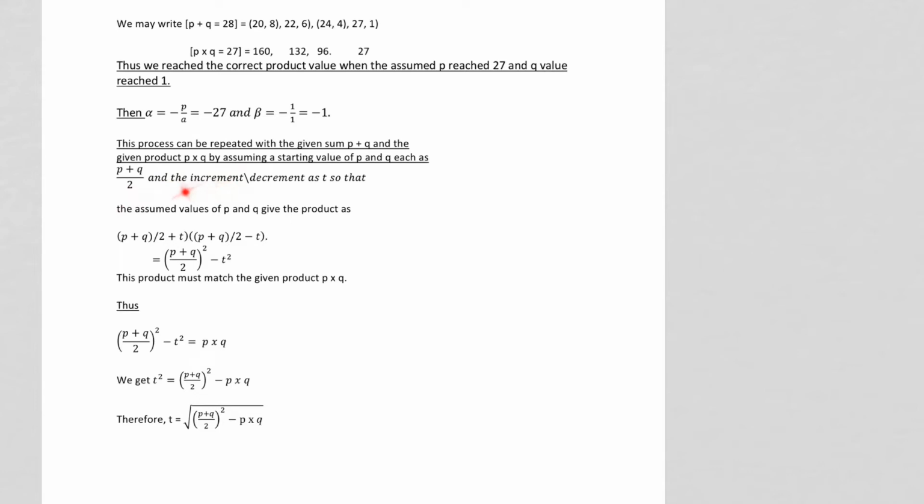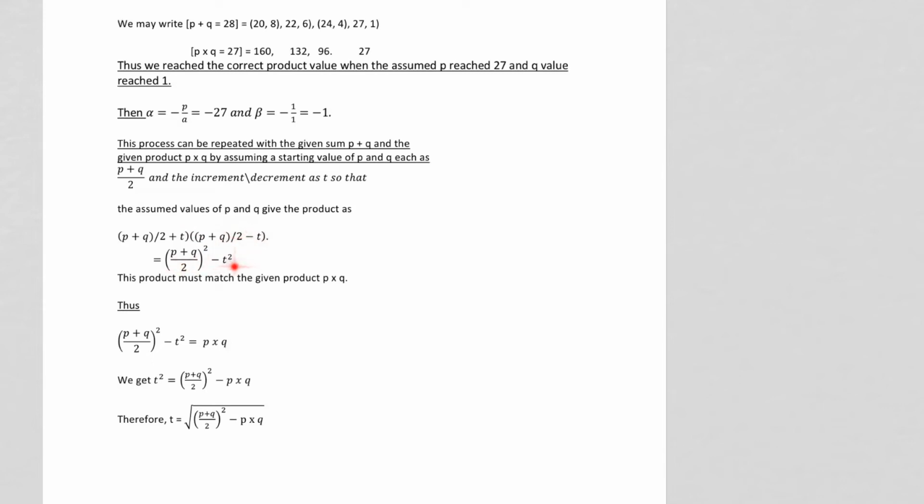And we introduce an increment or decrement as t, so that we may write an assumed value of p as p plus q divided by 2 plus t, and assumed value of q as p plus q divided by 2 minus t. So this is assumed t. This is assumed p. This is assumed q.